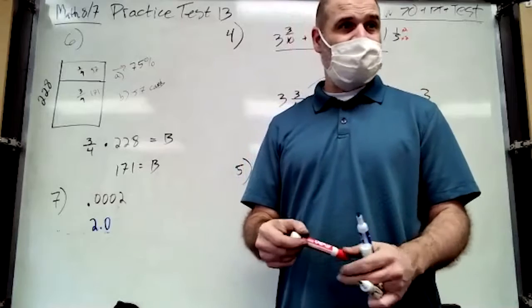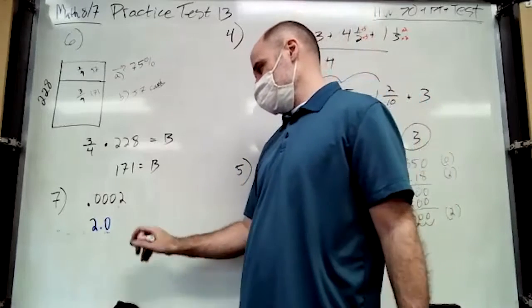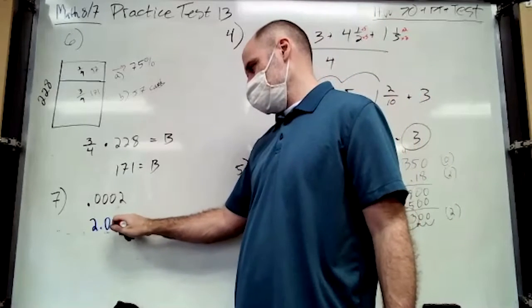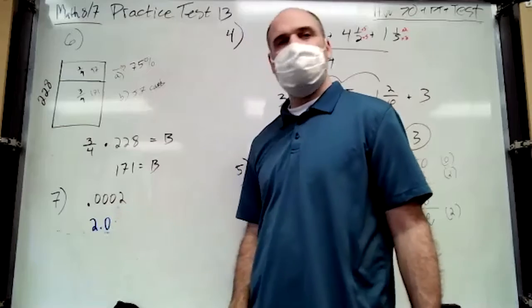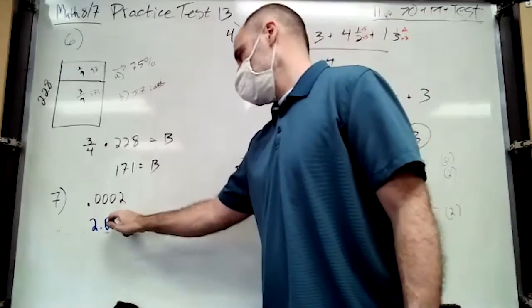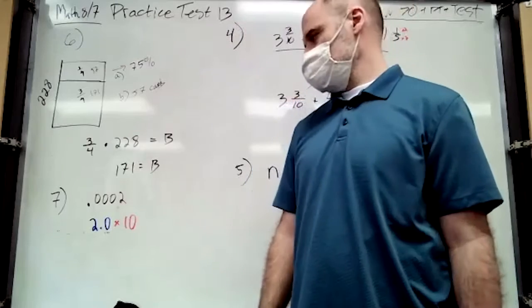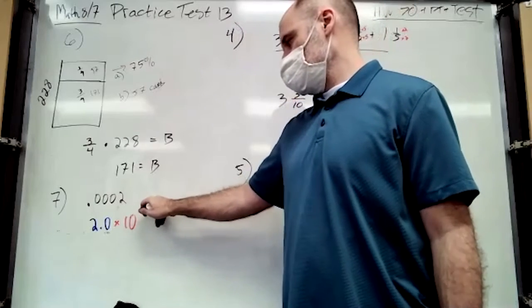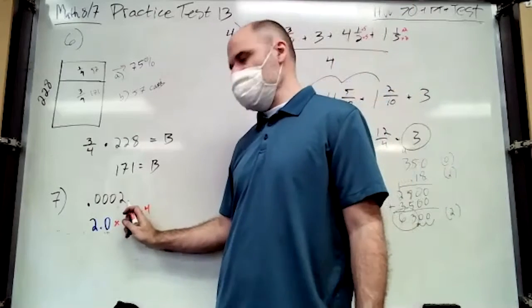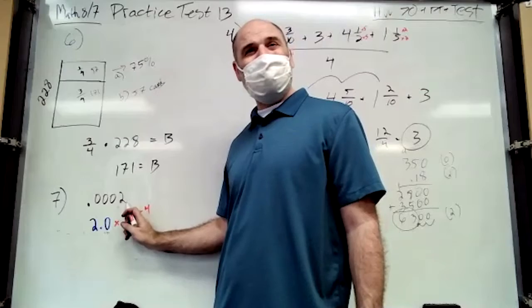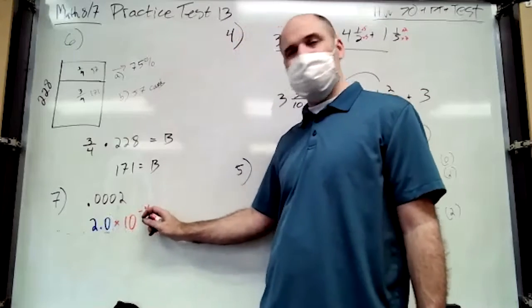Adeline, what do you do next? You move the decimal over, or you times a power of 10, 10 to the power of negative 3. Close. 4. Right. So you're going from here to the left 4 places. So this tells you what direction.